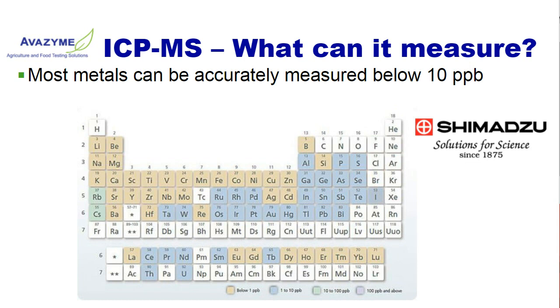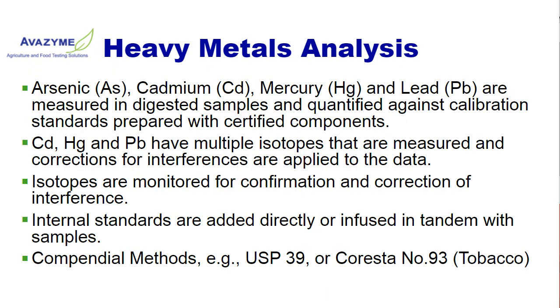For our typical heavy metals analysis, we measure arsenic, cadmium, mercury, and lead. We digest the samples and quantify those against calibration standards that are prepared with certified components. For cadmium, mercury, and lead, we measure multiple isotopes. They give us extra data for interferences and other quality control measures, as well as just allowing us to check the system.